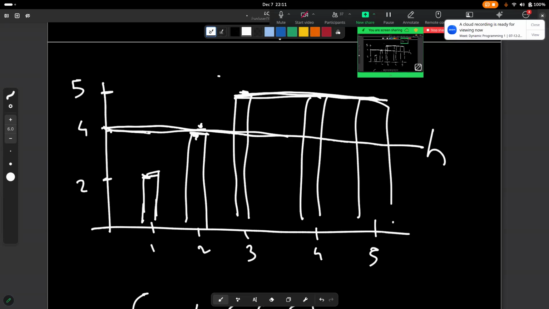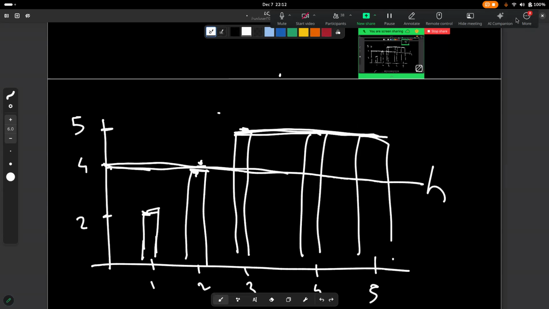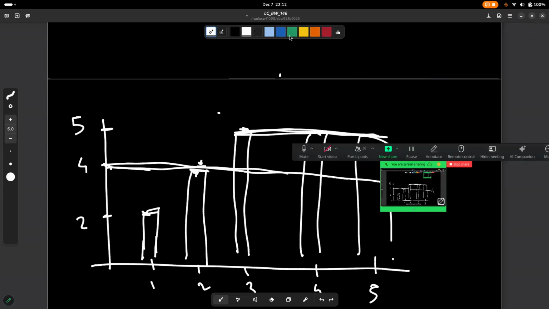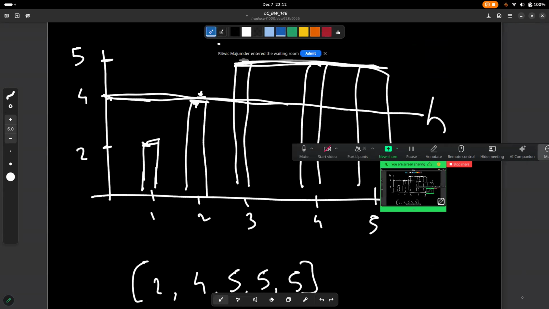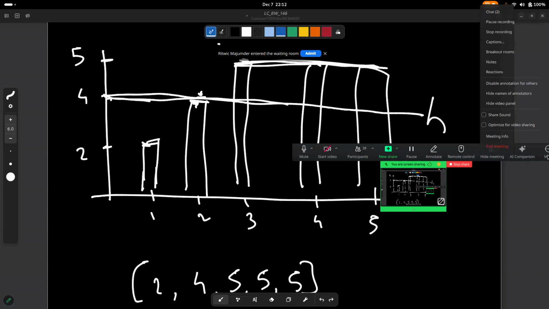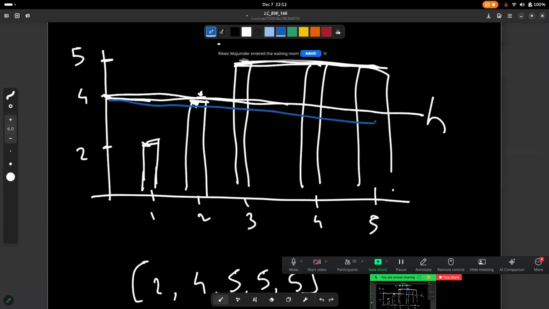Basically, we have this value of H over here.